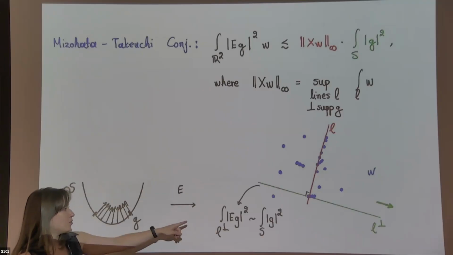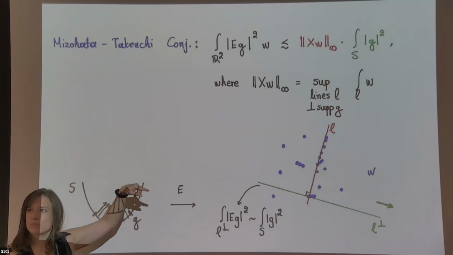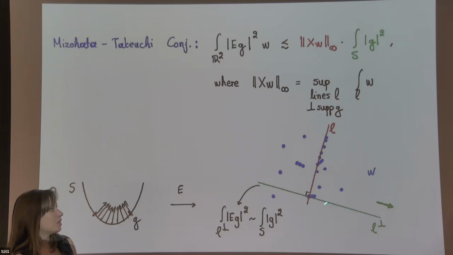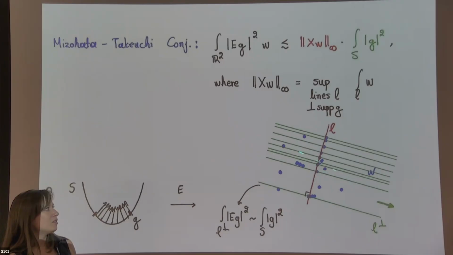And we know that the operator has a fixed norm along all those lines perpendicular to the red one. So I'm counting this norm as many times as the blue balls are along this red line. For every one of them, I draw a green line through and then integrate the operator squared there. So the right-hand side is just the integral of the operator squared on the green part.